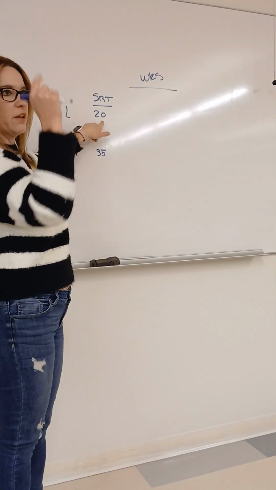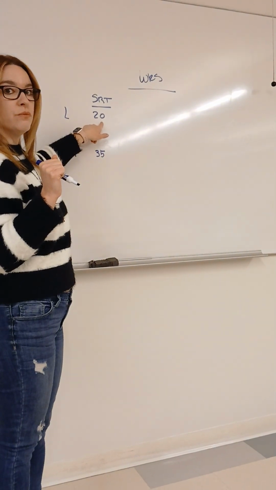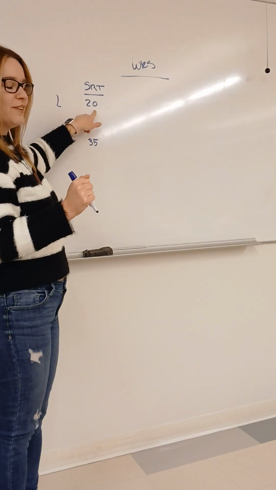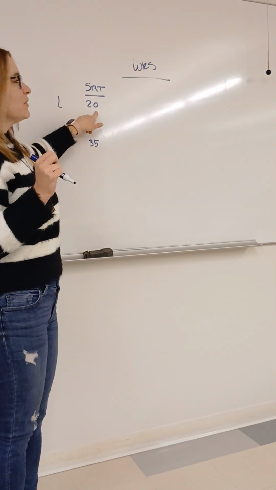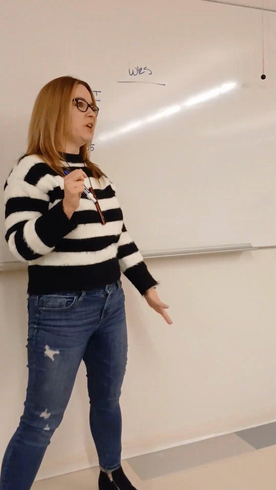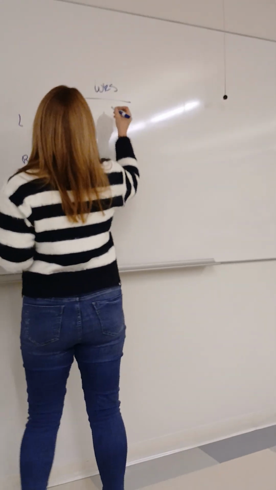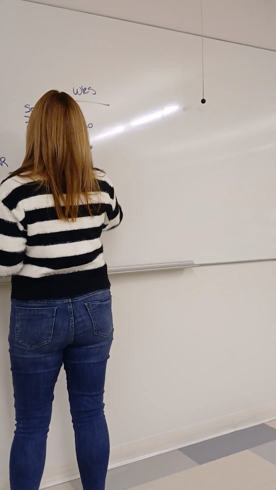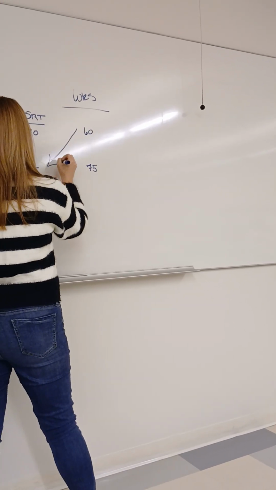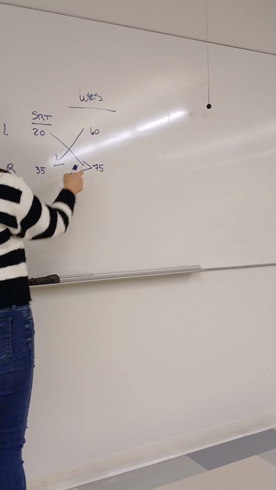How much do we go above our SRT? 40. So your word recognition score, that's where you're doing your list of 25 at one level, you go 40 above your SRT. Okay, so we're gonna present this at 60. This one would be 75. So we're looking at the differences between this and this, and this and this, okay?